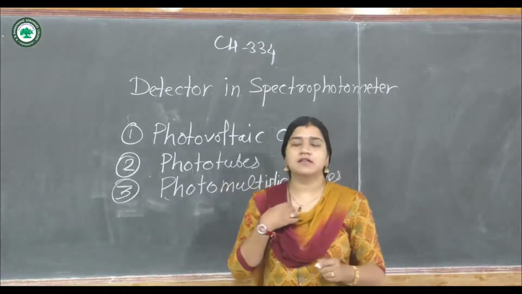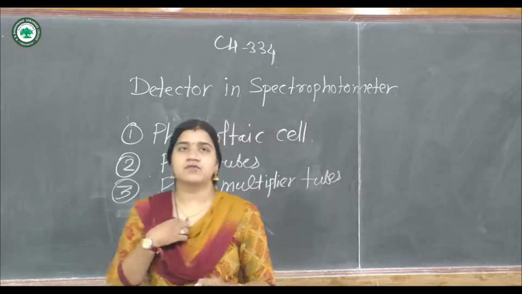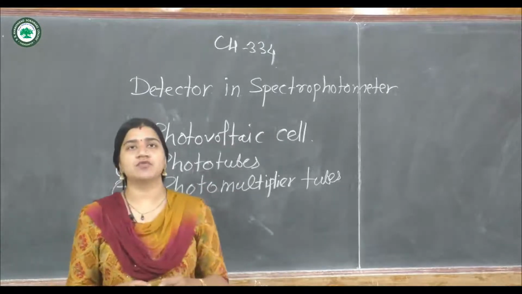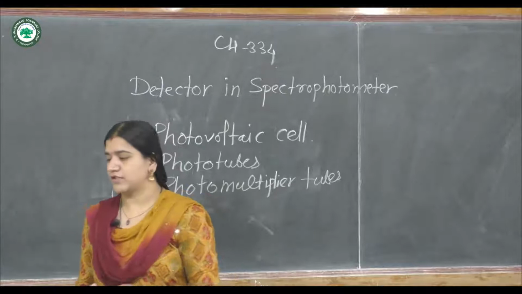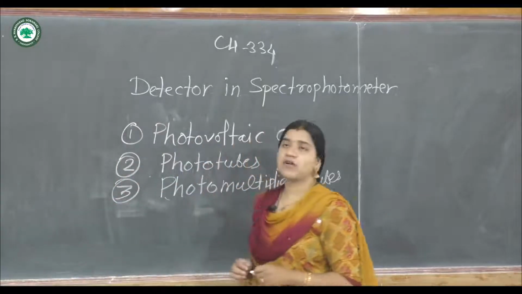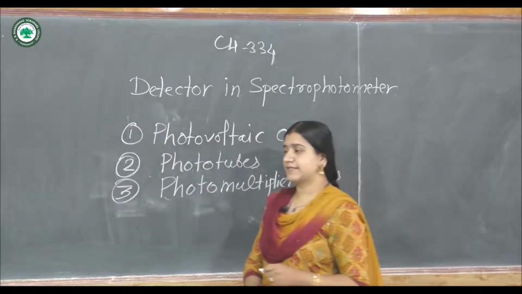These are the three different types of detectors which are used in spectrophotometry instrumentation. We will begin with the first one, that is the photovoltaic cell.